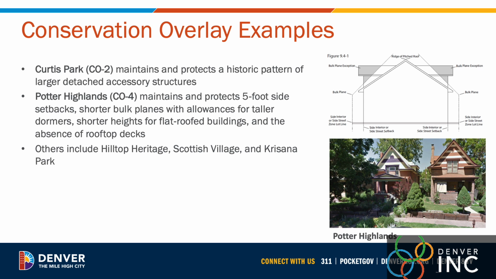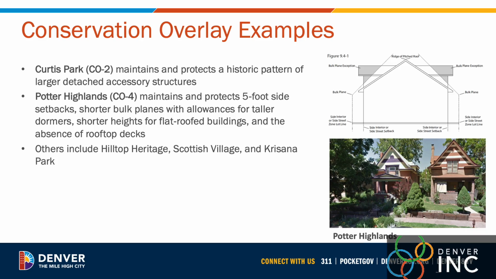So an example of a conservation overlay, there's a few that already exist in Denver and been adopted into the zoning code. One is in Curtis Park. That one is all about recognizing that compared to a lot of other neighborhoods that have similar zoning as Curtis Park, they have larger detached accessory structures, a catch-all term in the zoning code for things like garages, which is accessory to the main house, or an accessory dwelling unit like a granny flat, which is accessory to the main house.